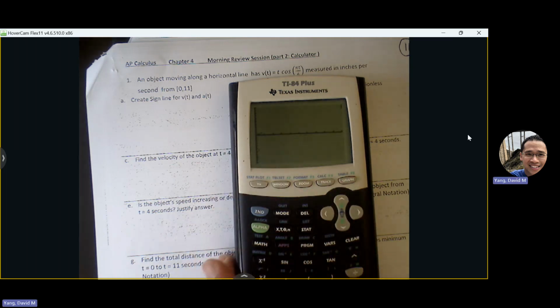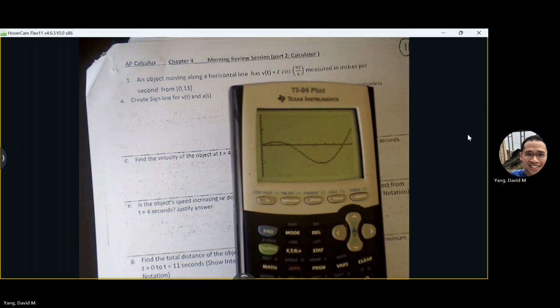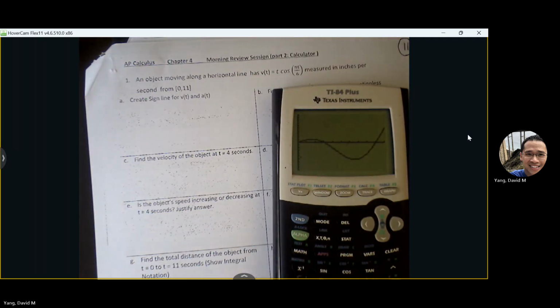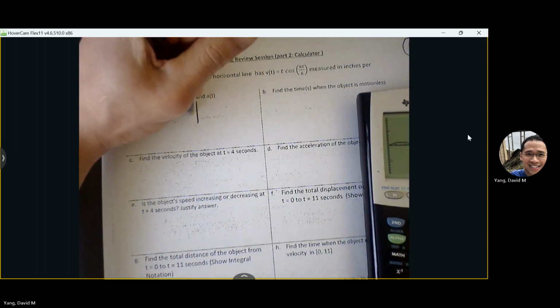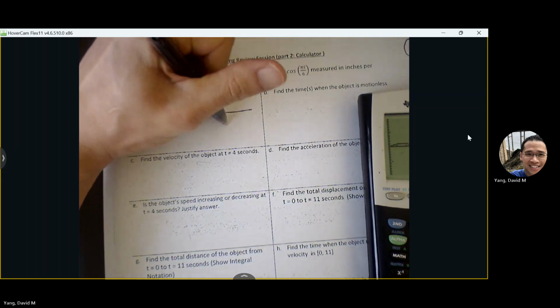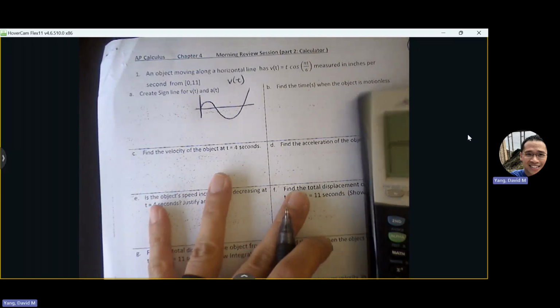So hit graph. So this is basically my velocity or my derivative graph here. Let's create a sign line and just treat this like our derivative graph.